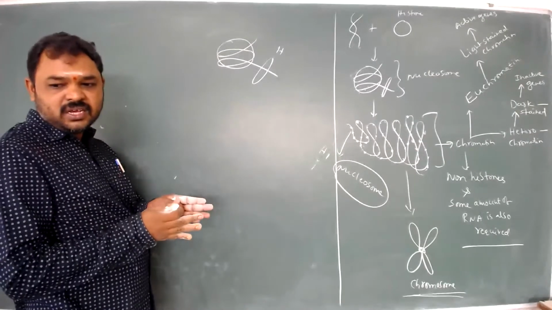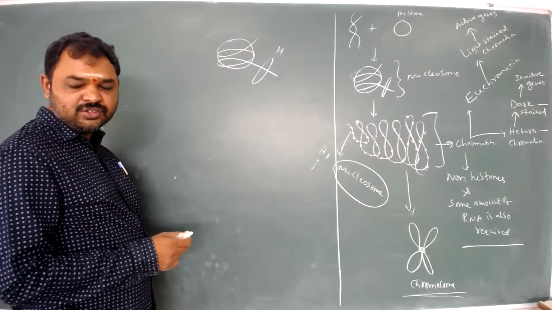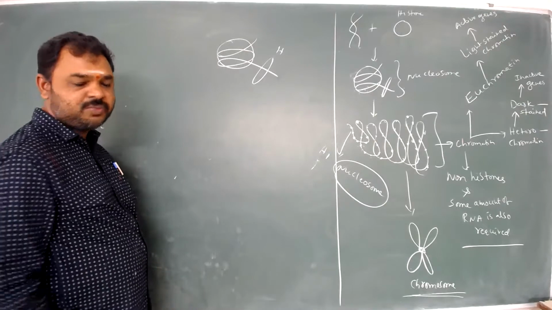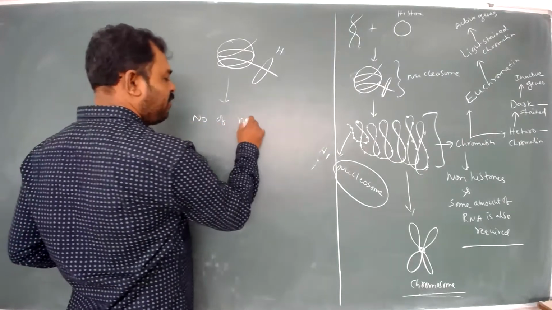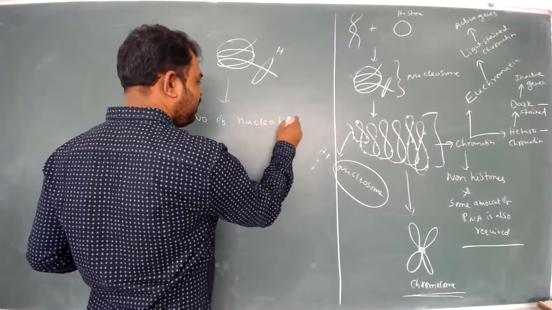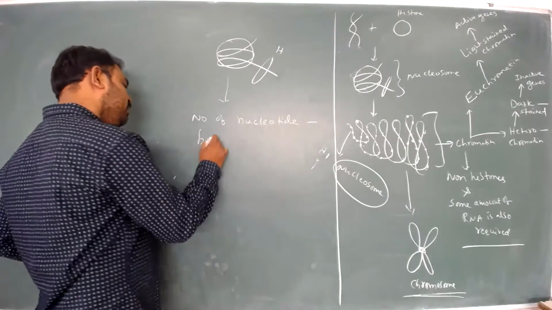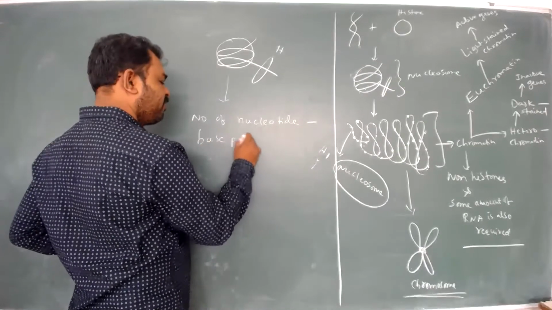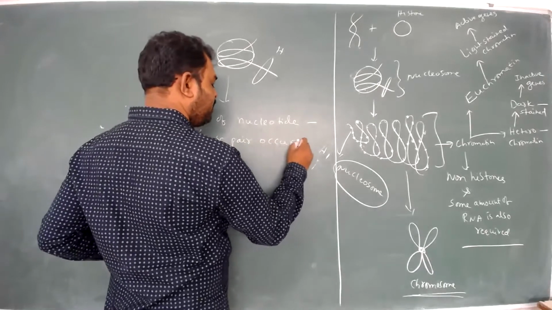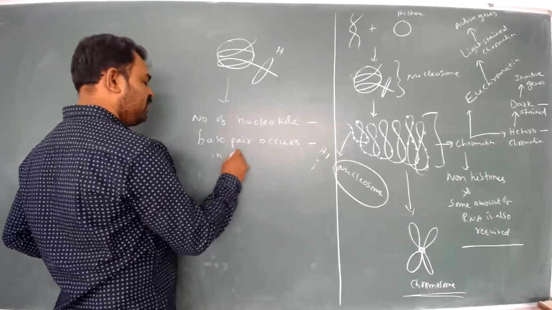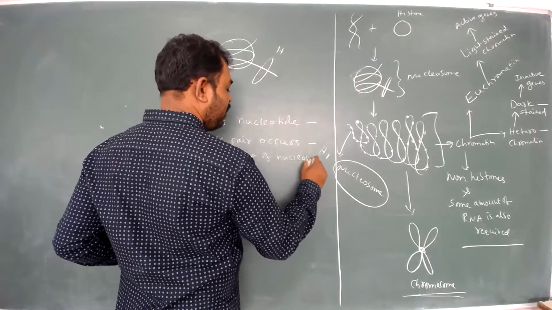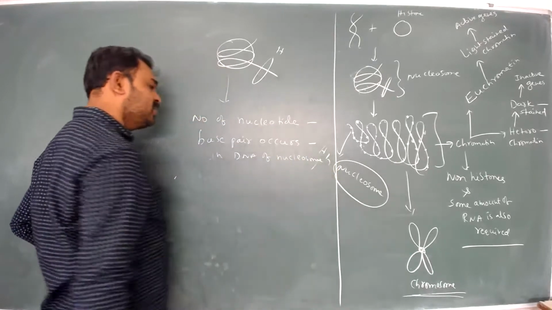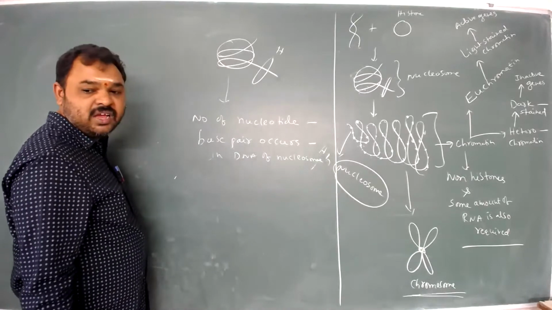This is important: the number of nucleotide base pairs occurring in the DNA of a nucleosome. How many nucleotide base pairs are there in the DNA of a nucleosome?